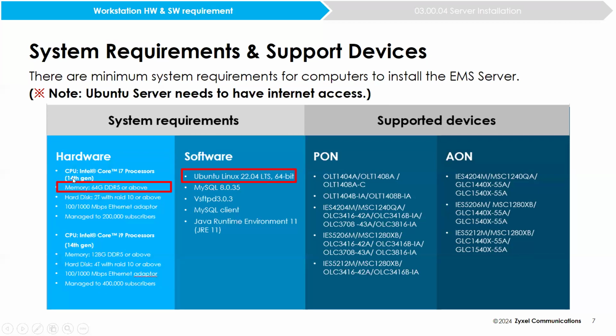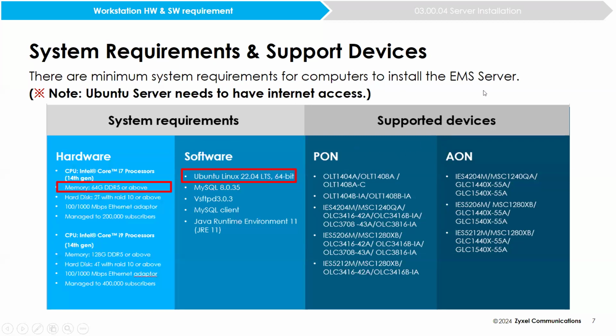The first one I mark is the required memory specification, which should be 64 gigabit DDR5 or equivalent. And from the software side, as I mentioned before, the software has to be installed on Ubuntu 20.04, and the running Linux system has to be the 64-bit version.